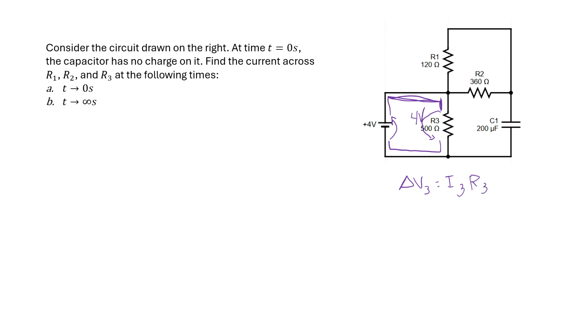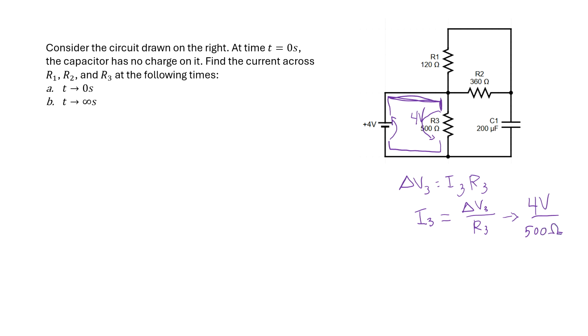And then we can transform this into the more useful version of Ohm's law by dividing both sides by the resistance. I3 is going to be equal to delta V3 over R3. And ohms and volts are already in SI, so this is 4 volts and 500 ohms. We don't have to worry about any sort of conversion.